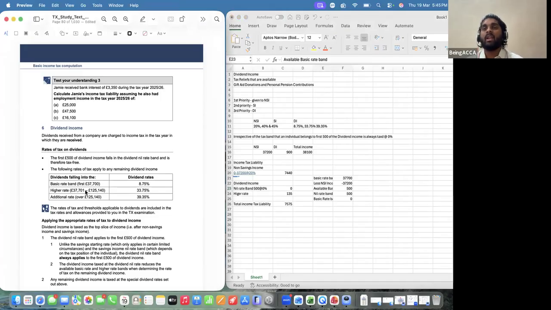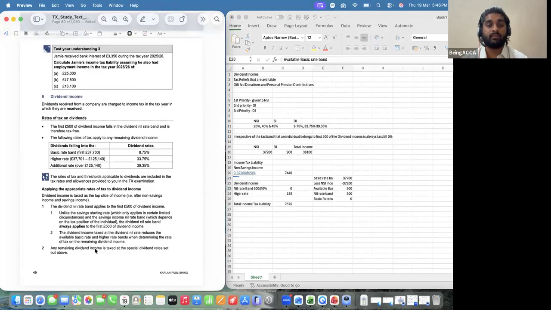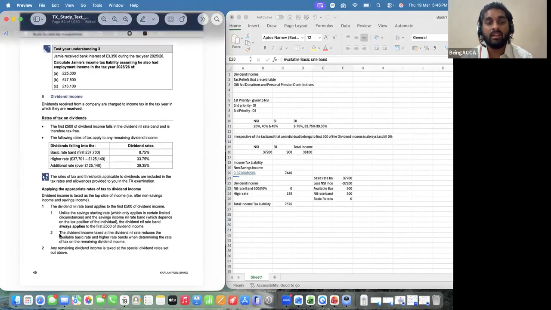That 500 in savings income or dividend income will utilize the value in it. As you can see, the dividend income taxed at the dividend nil rate reduces the available basic rate and higher rate bands when determining the rate of tax on the remaining dividend income.